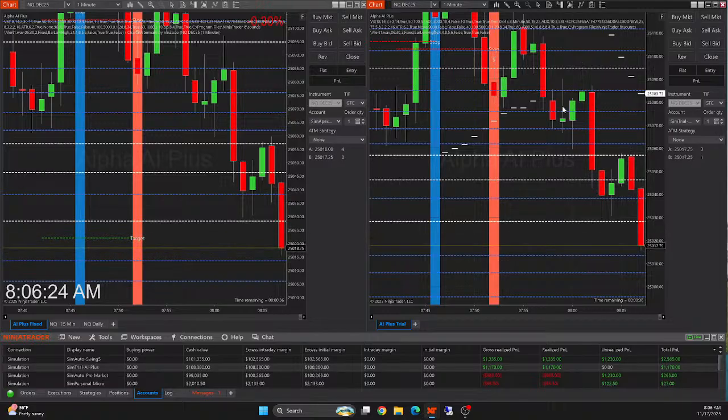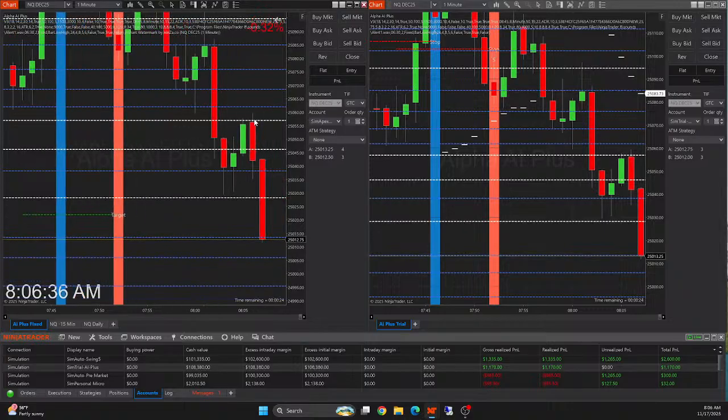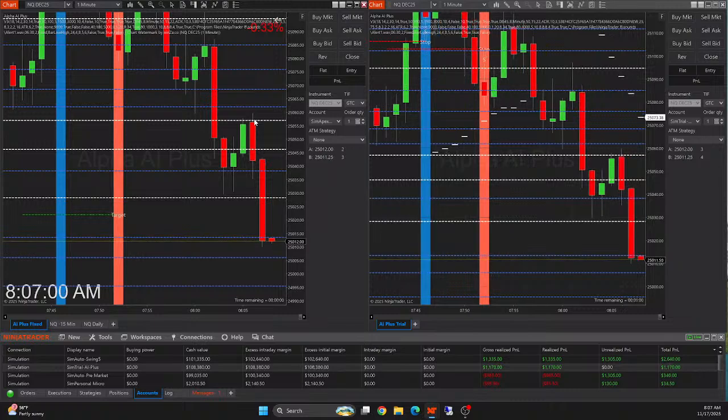Wow, that's a nice move. Push down more. Give me another 600 ticks, please. That's a nice short. We are up now across 4 templates, around 5 grand so far. And we still have 45 minutes or so.